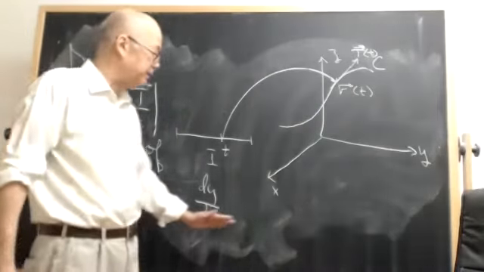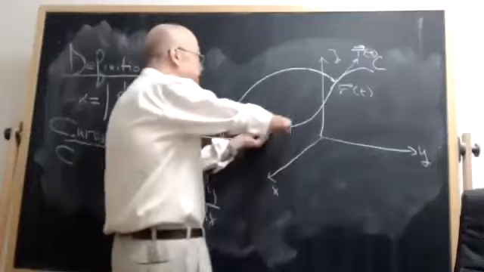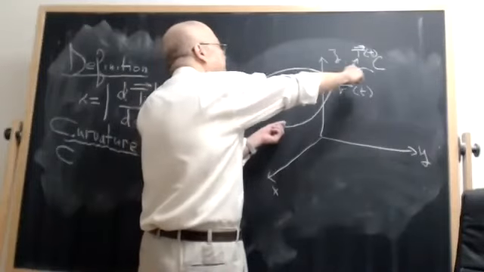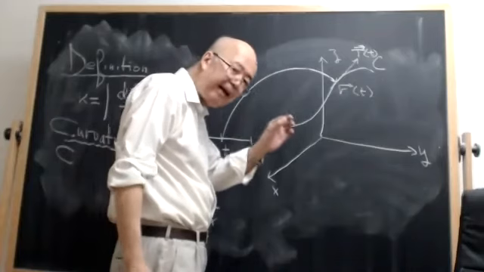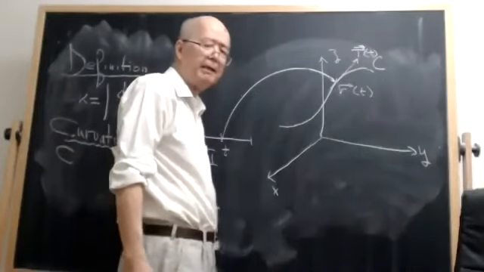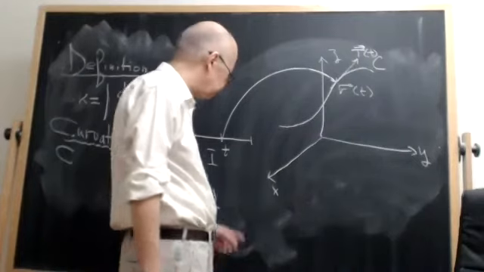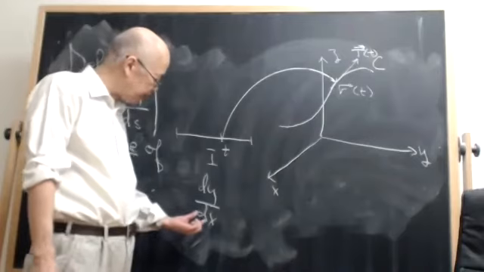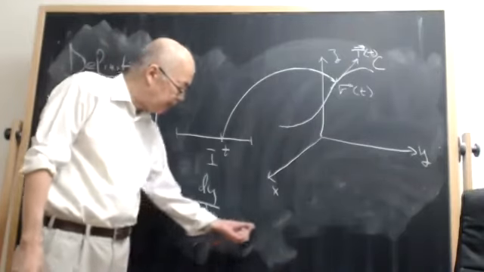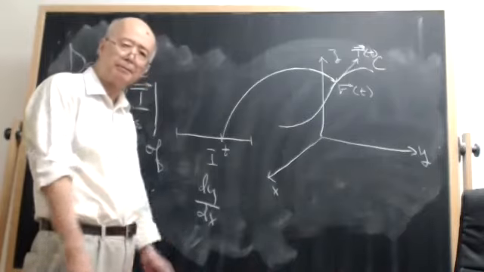And x is the horizontal line. Okay, so ds is the slope. No, ds is actually the very small increment in the arc length. It's just like dx, the very small increment in the displacement along the x-axis.